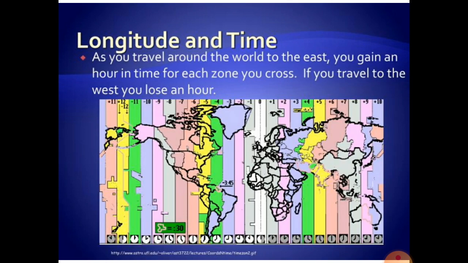Now, longitude and time, how? As we travel around the world to the east, you gain an hour in time for each zone you cross. See, if we are moving towards the east side in our world, what happens?